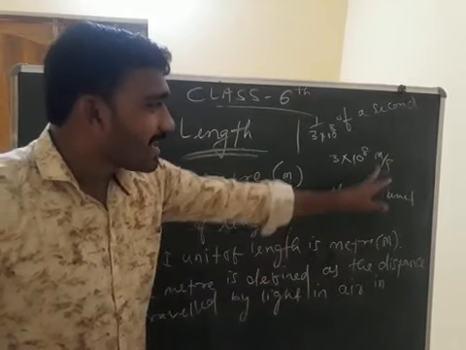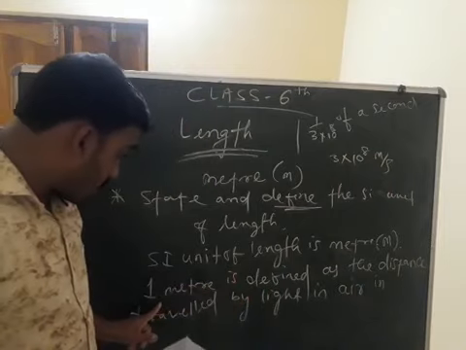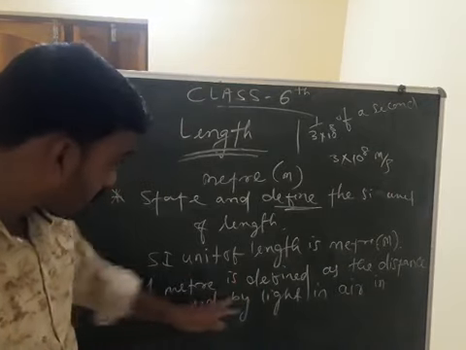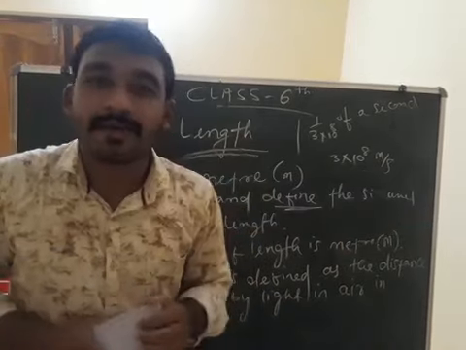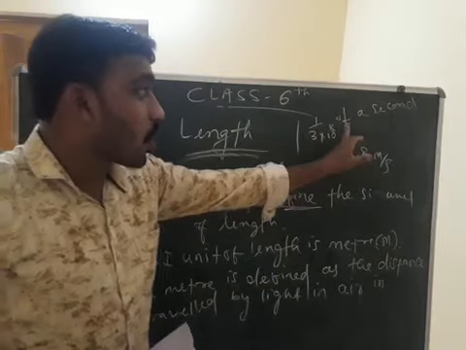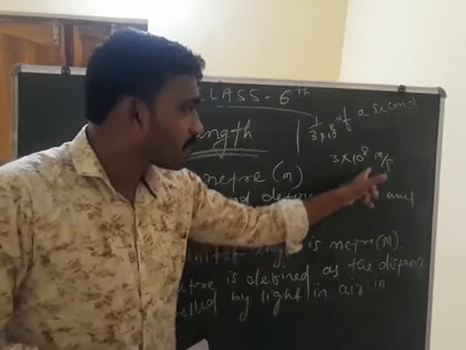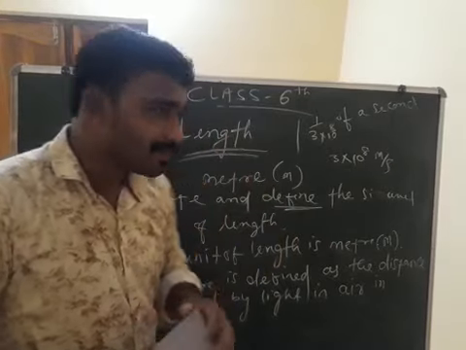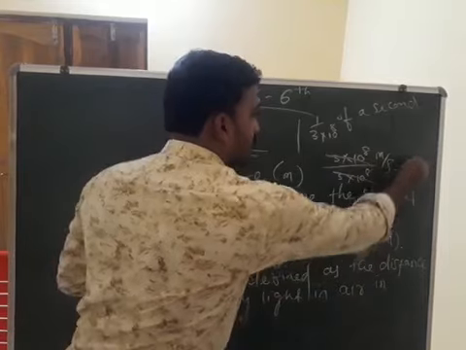So 1 meter is the distance traveled by light in 1 by 3 into 10 to the power 8 of a second. 1 by 3 into 10 to the power 8 multiplied by the speed of light gives 1.